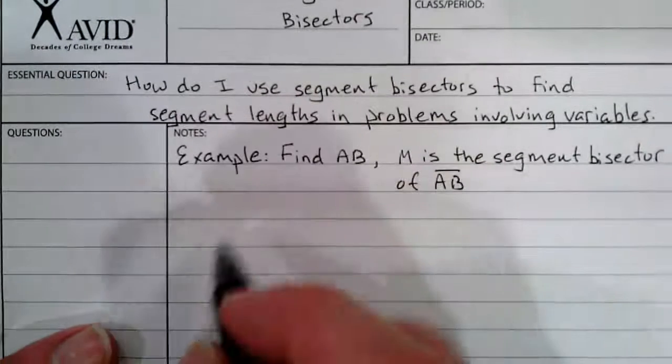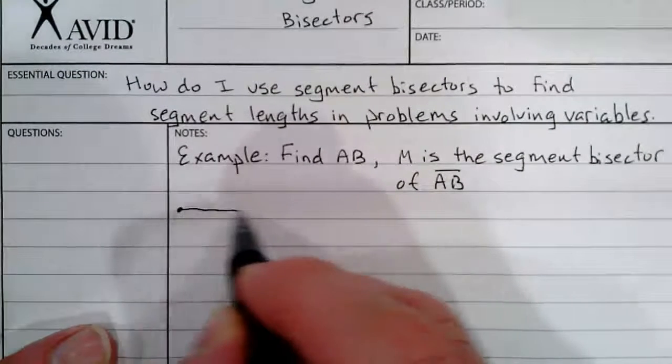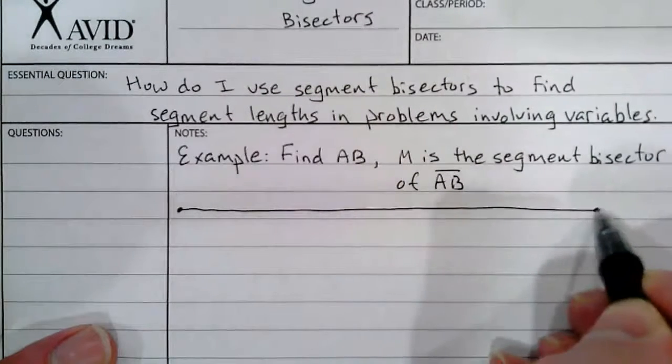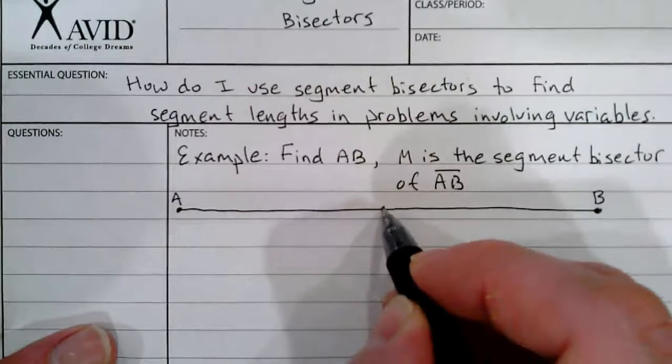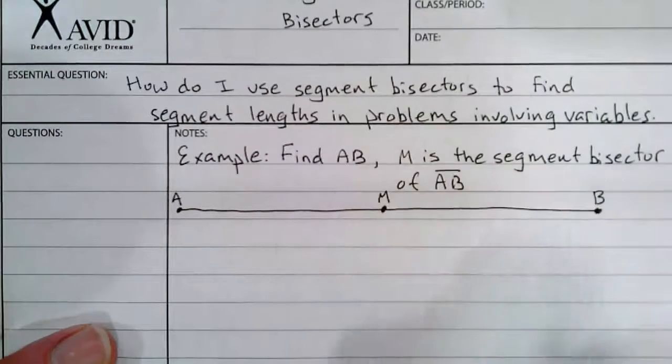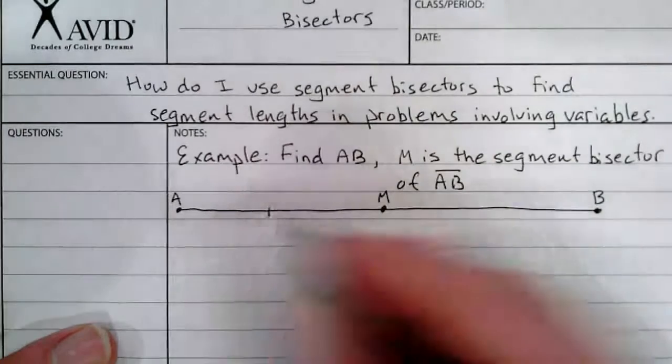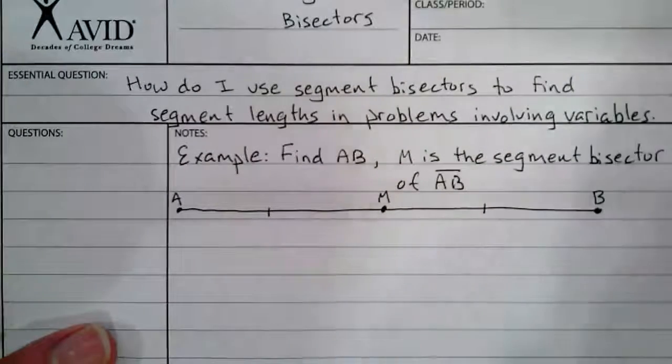Now let's take a look at our diagram. There's a nice big long line here. There's A, there's B, here's M in the middle. These two segments are the same length.